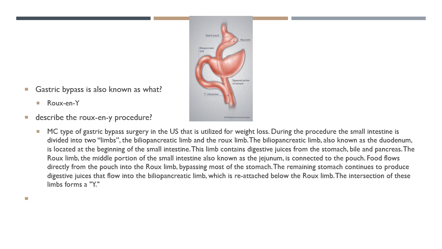So the gastric pouch empties its contents directly into the small intestine, whereas the Y intersection is used to connect the biliopancreatic limb, all those gastric juices coming from the stomach, the pancreas, all that. It's going to meet over here at that Y intersection and allow food to digest a little bit better than otherwise.